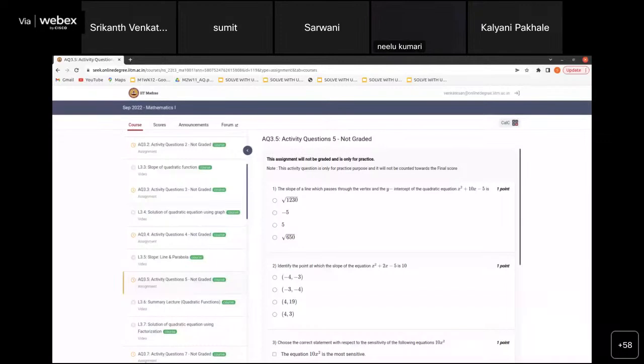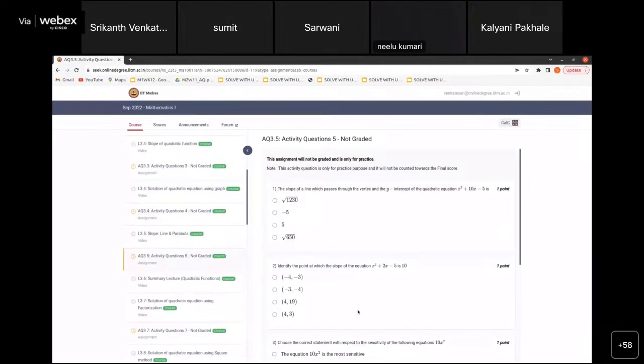Okay, find the y-intercept. In this first question, the hint is find the y-intercept and find the vertex point. Once you have 2 points, you can easily calculate the slope of the line. So from there you try to compute, and you will get the answer 5.